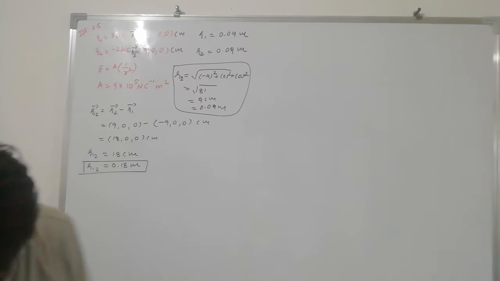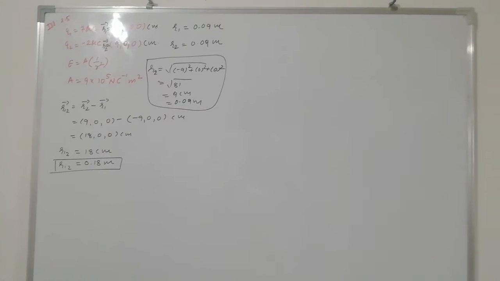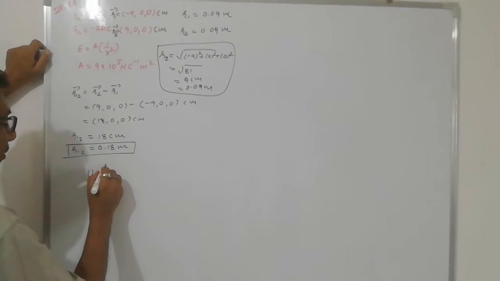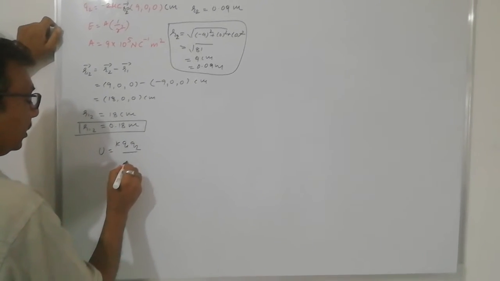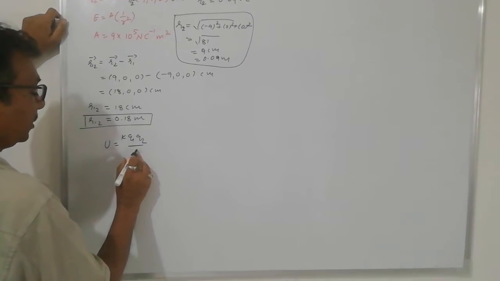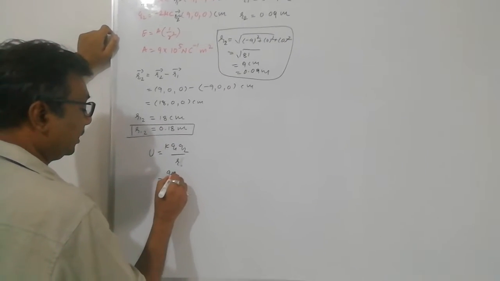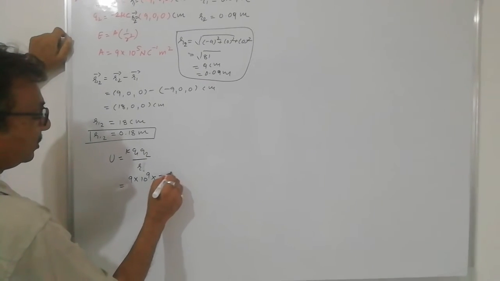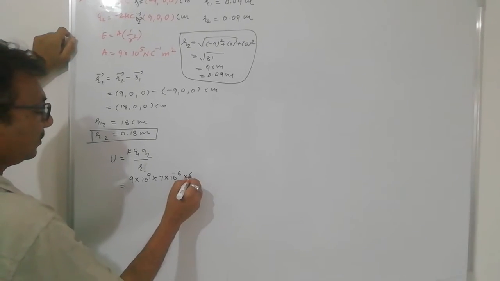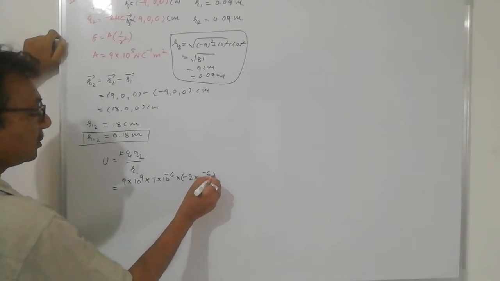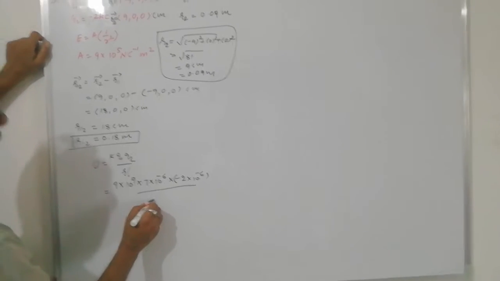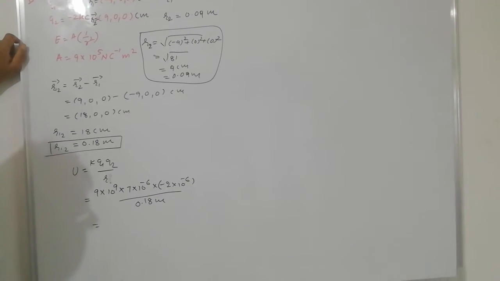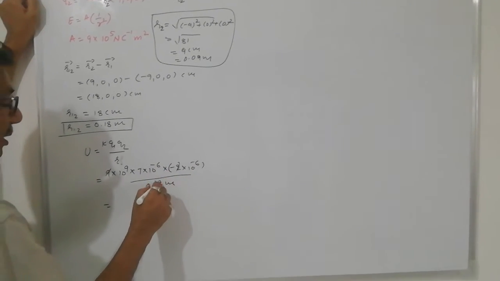Okay, so now U is equal to, you know, K Q1 Q2 upon R. So 9 into 10 raised to 9, Q1 is equal to 7 into 10 raised to minus 6, and Q2 is minus 2 into 10 raised to minus 6, and R is 0.18 meter. So 9 2s are 18.